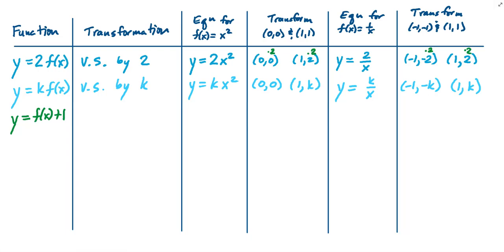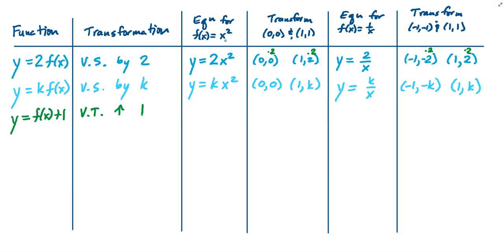So we are increasing y's value from whatever it normally gets after this function is applied. We're taking that output and then we're increasing y by 1 more. So we're going to have a vertical translation up by 1.